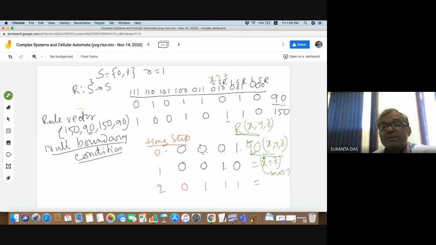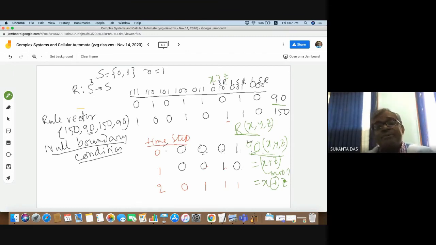This is nothing but the XOR operation that I have written. So it's showing that this is an additive rule. You can check with other rules, I'm not going into detail. It is the additive rule.